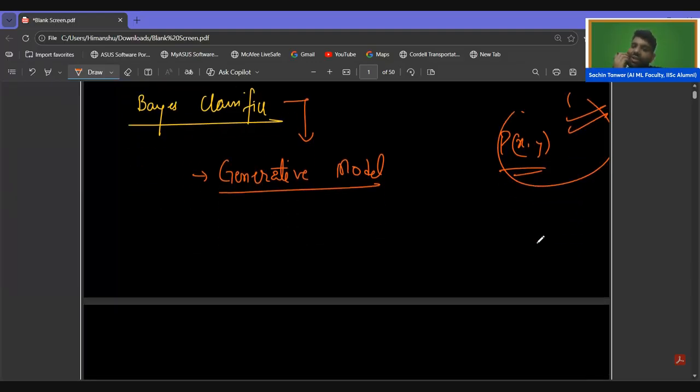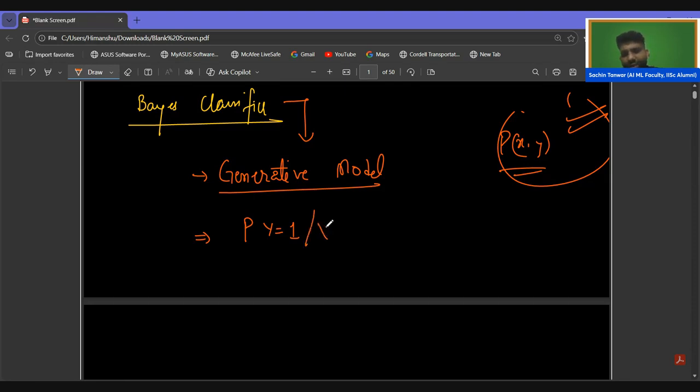Now, as I talked about the generative model, for the Bayes classifier, what exactly is the idea, the way we actually classify? The idea is I should be able to tell what should be the p of y. Let's suppose the class I'm talking about is 1. So right now I'm considering binary class 0, 1.